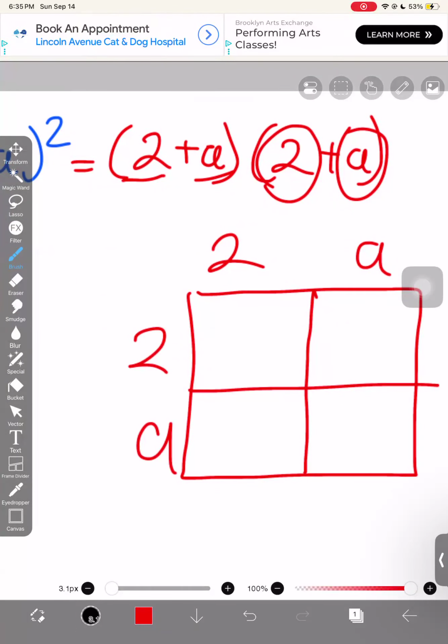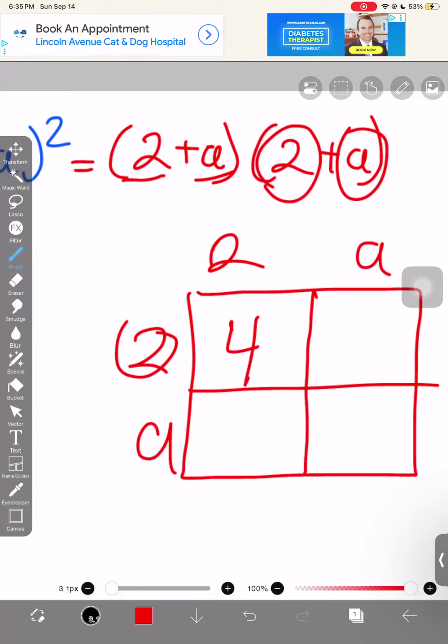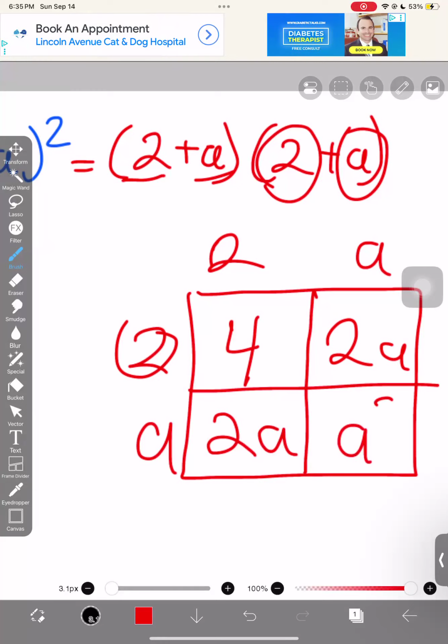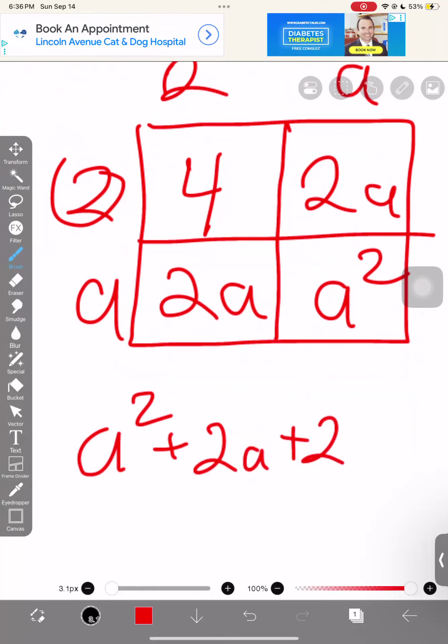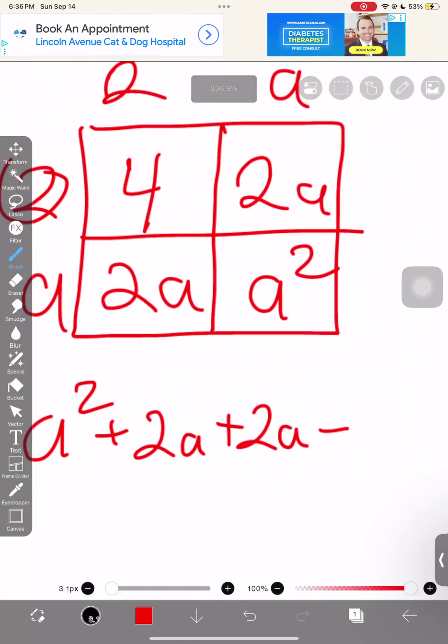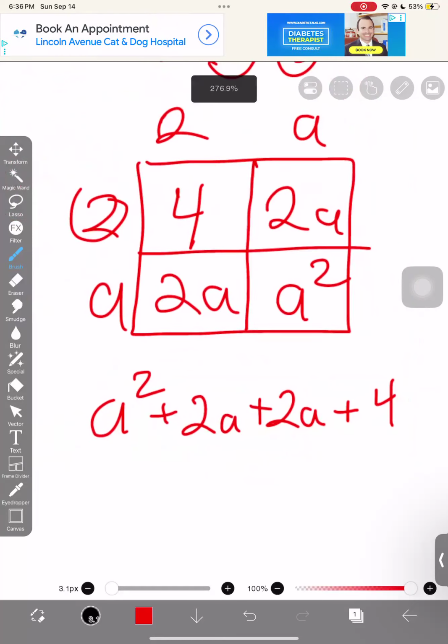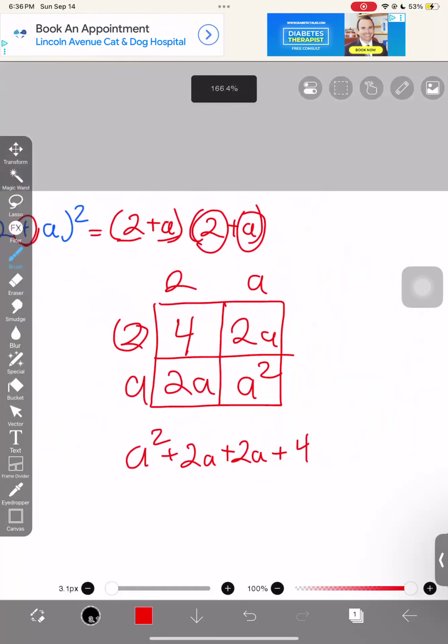Now we just multiply. What's 2 times 2? 4. 4 times a is 4a. What's 2 times a? 2a. What is a times a? a to the power of 2. And then we get a to the power of 2 plus 2a plus 2a plus 4. That's what we get.